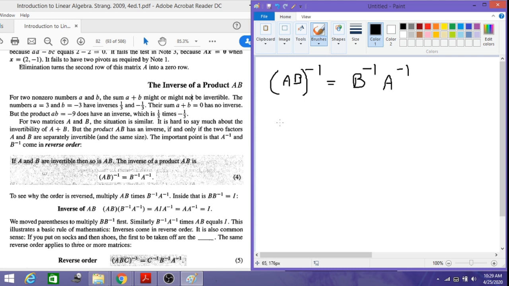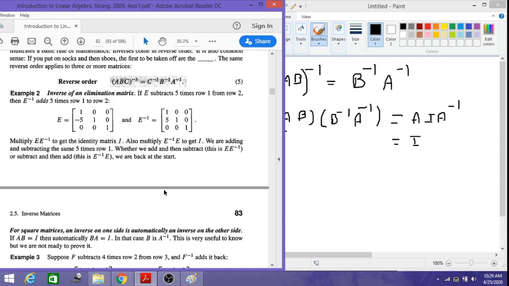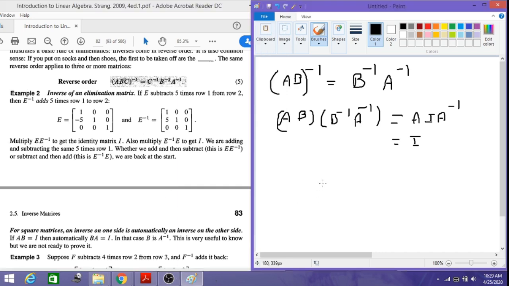A into B multiplied by B inverse into A inverse, what do we get here? We get A, identity matrix, A inverse, so ultimately we'll get an identity matrix. That's it.